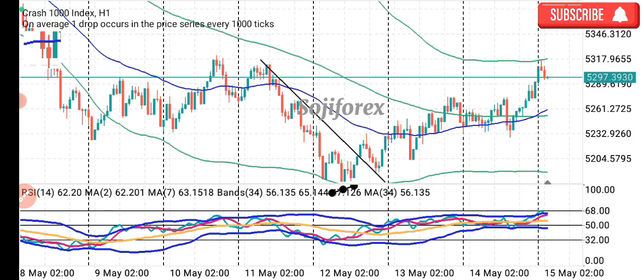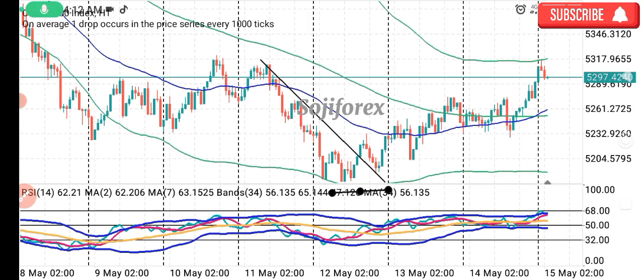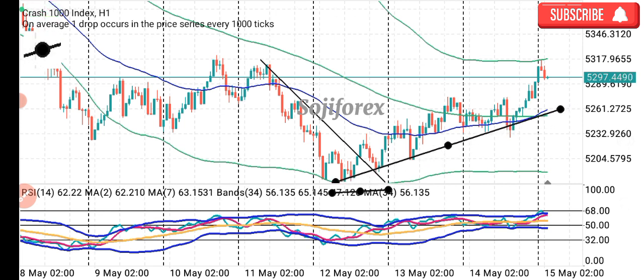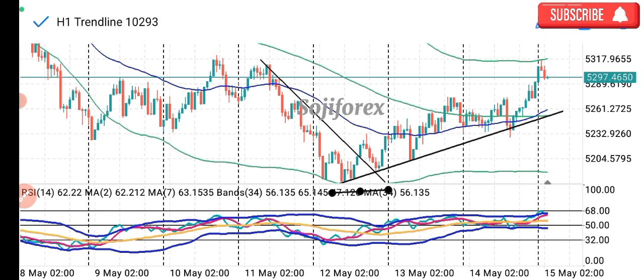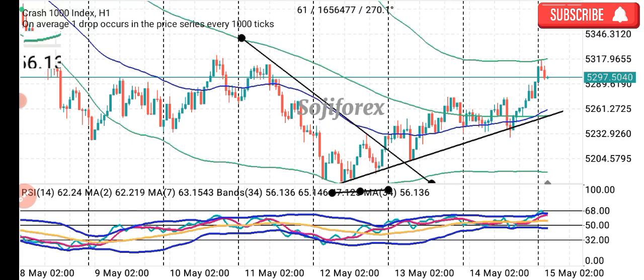So regardless of what you are trading, even if you are trading a trend line, by now you should have made entry. Now you should have connected your trend line. You can see it beautifully. Okay, price already broke this first one.